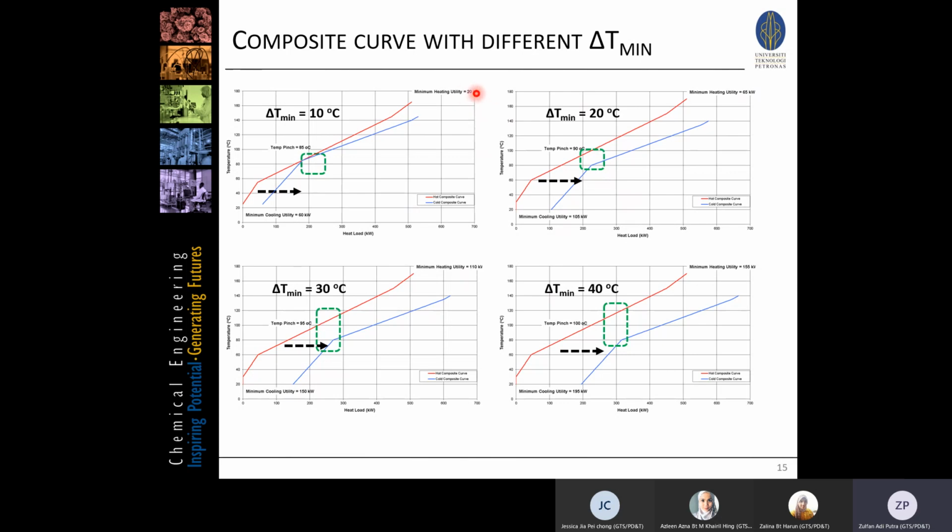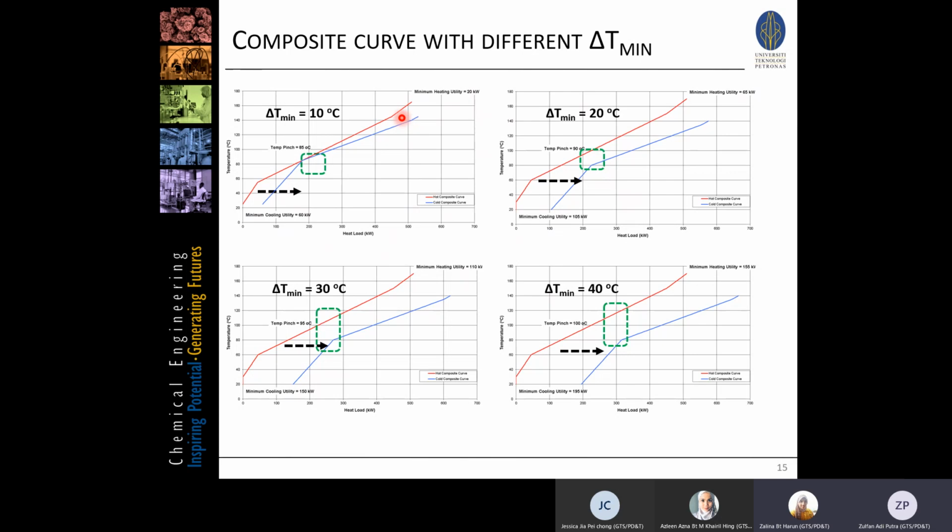So that's a huge saving, in quotes. And from cooling utility, instead of discharging 100 kilowatts to the cooling tower, we only discharge 60 kilowatt to the cooling tower. So we save money from here to there, but we need to make sure that the amount of energy that we mentioned here has to be recovered as much as possible. Otherwise, we will not be able to meet these two targets.